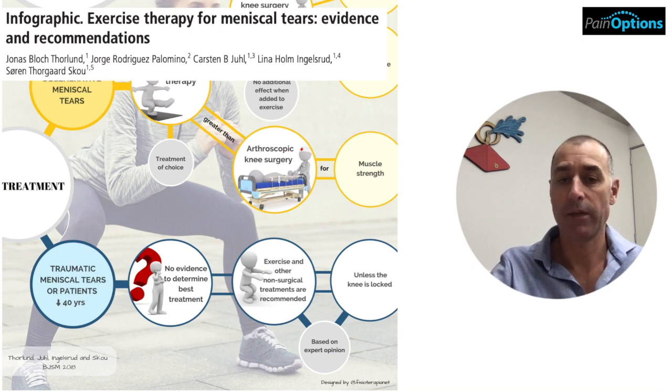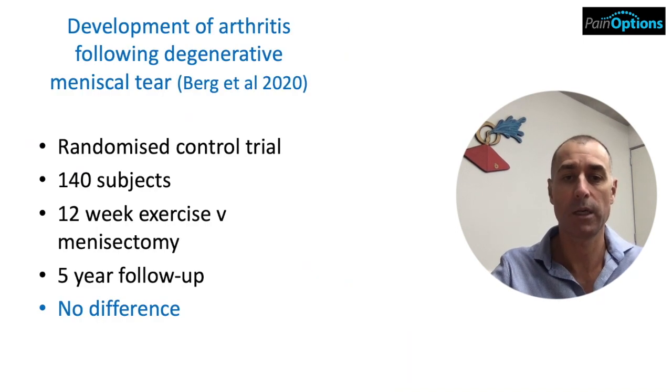So arguably, even for people under the age of 40, unless they're presenting with a locked knee, which means their knee is actually stuck and they can't fully bend or straighten it, or they talk about periods where their knee catches and they really can't move it, exercise guidance is best recommended at this stage. There's less risk with active management than there is with surgery, but we'll come back to that a little bit more.